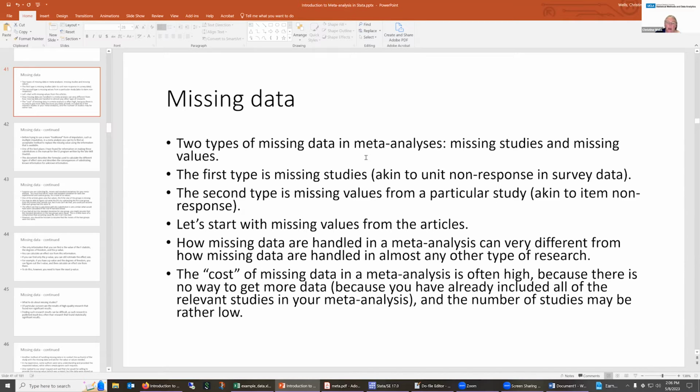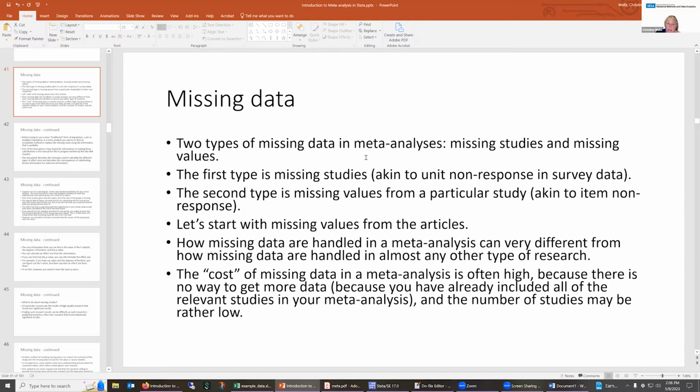You don't want missing studies, right? Missing studies usually lead to some sort of bias, and that's all bad news. The second type of missing is due to missing values from a particular study. This is kind of like item non-response, or a respondent not answering all the questions on your instrument.